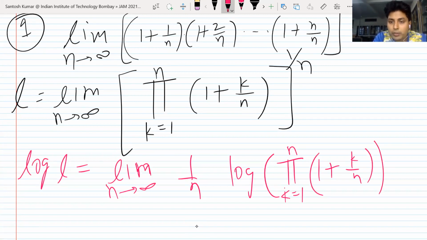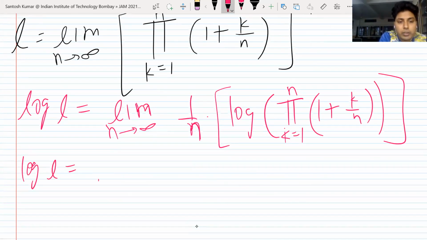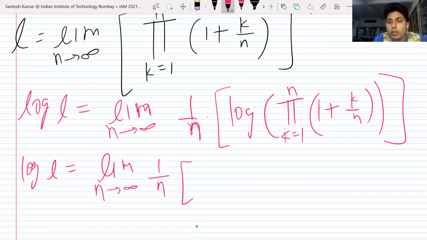We have taken the power outside as 1/n because we have taken log. So now log L will be equal to limit n tends to infinity 1/n, and the log of a product will be a summation of logs. So it will be the summation of log(1 + k/n).